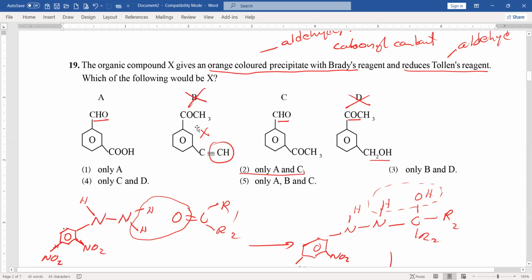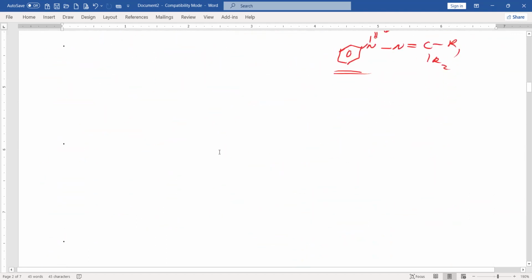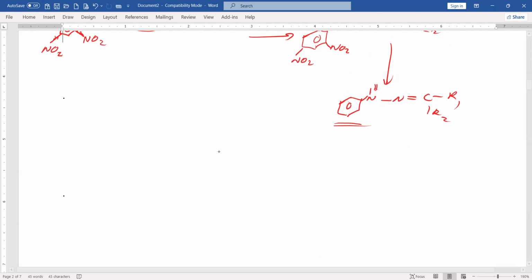In addition to this, I'll give you some other things. What happens in this case, say you have this aldehyde, when we add Tollens' reagent, which is ammoniacal silver nitrate?